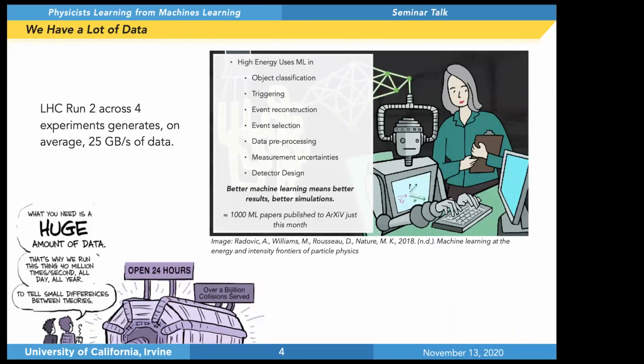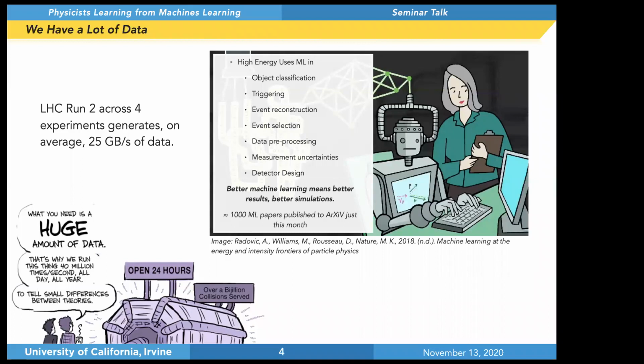As I'm sure most people are aware, we generate really large data sets, especially in high energy physics. According to CERN, their four biggest experiments, ATLAS, LHCb, CMS, and ALICE, generate something like 25 gigabytes per second of raw data when running. So obviously we use a lot of big data analysis techniques.